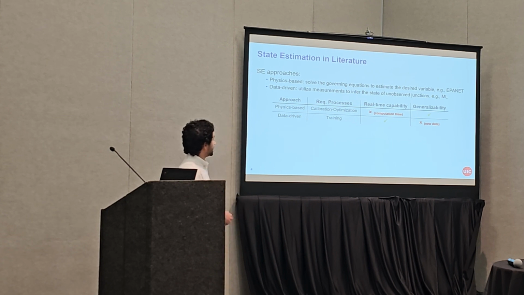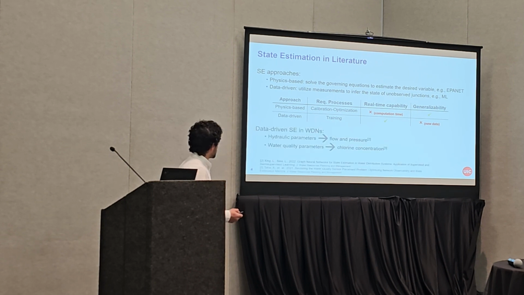Typically, data-driven models run faster, so they are suitable for real-time applications, but they are not very good at dealing with new data. State estimation has been used in water distribution networks to estimate hydraulic parameters, such as flow and pressure, and also water quality parameters, such as chlorine concentration.